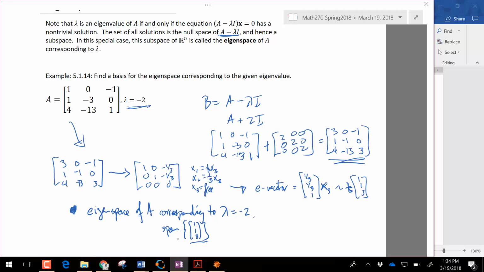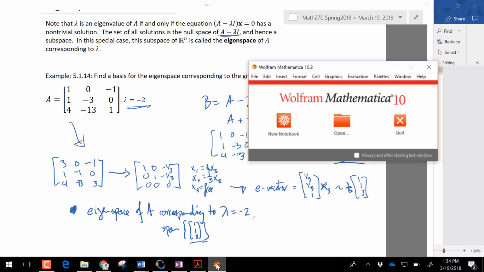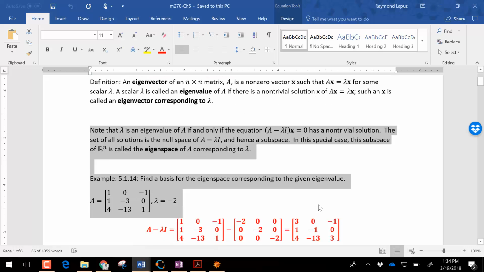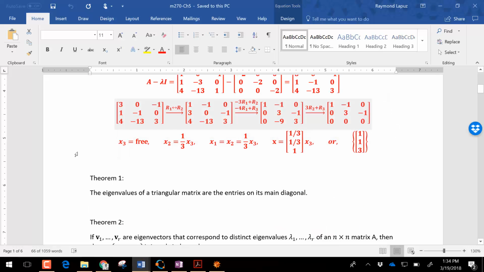All right, so that's the eigenspace business. Yeah, we got it correct.